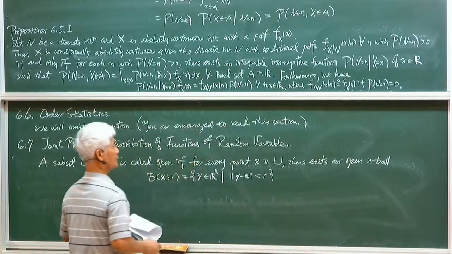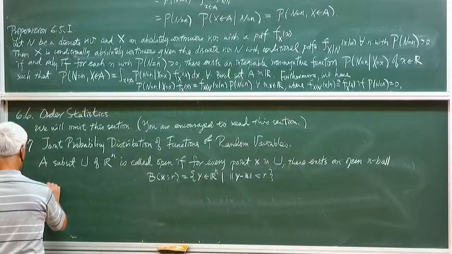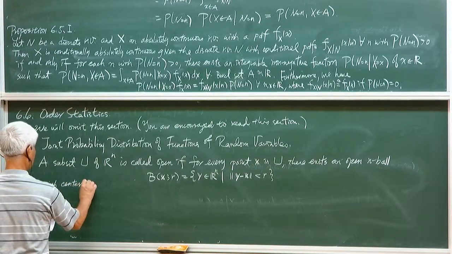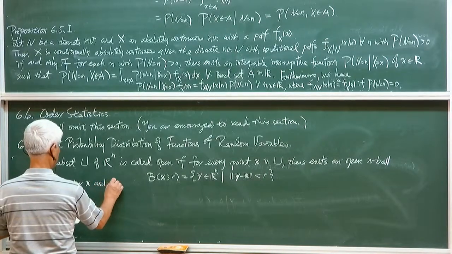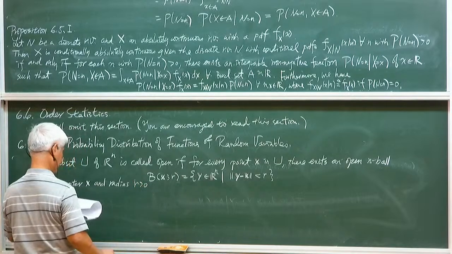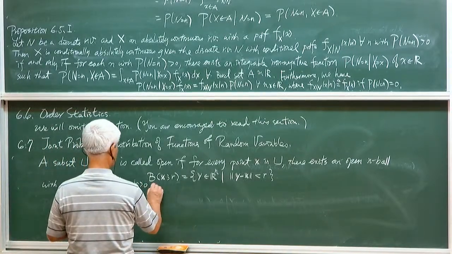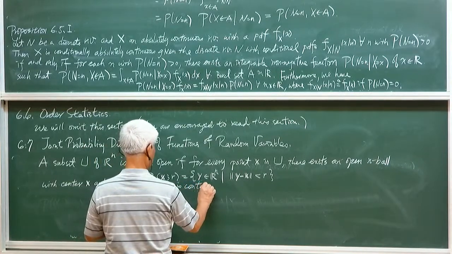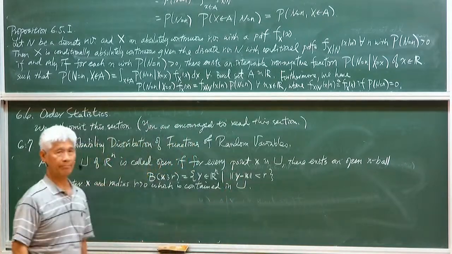So the open n-ball has the center x, right, and the radius r greater than 0, which is contained in U.